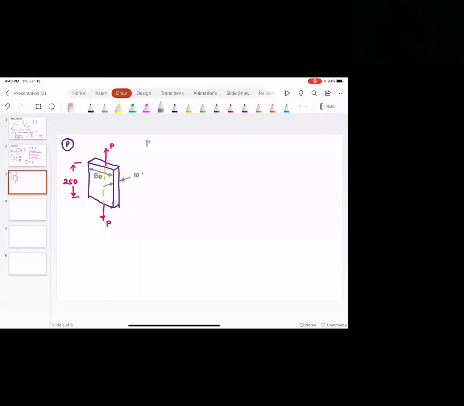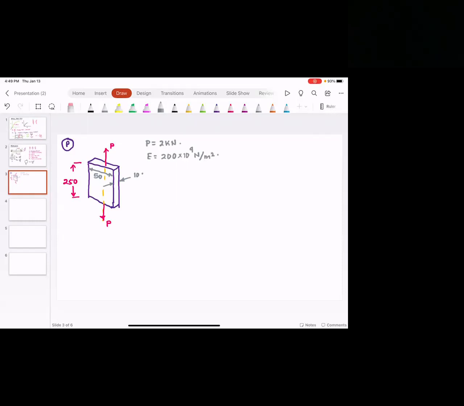The load is 2 kilonewton, and Young's modulus E is equal to 210 to the power 9 Newton per meter square.